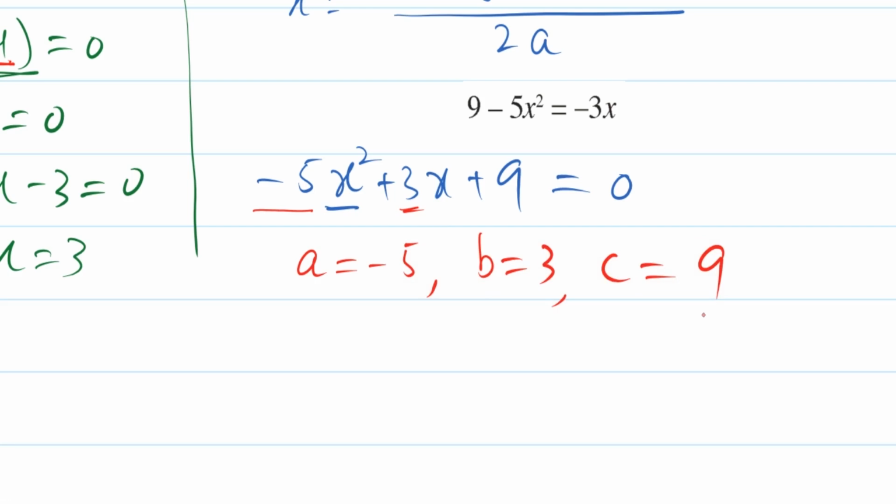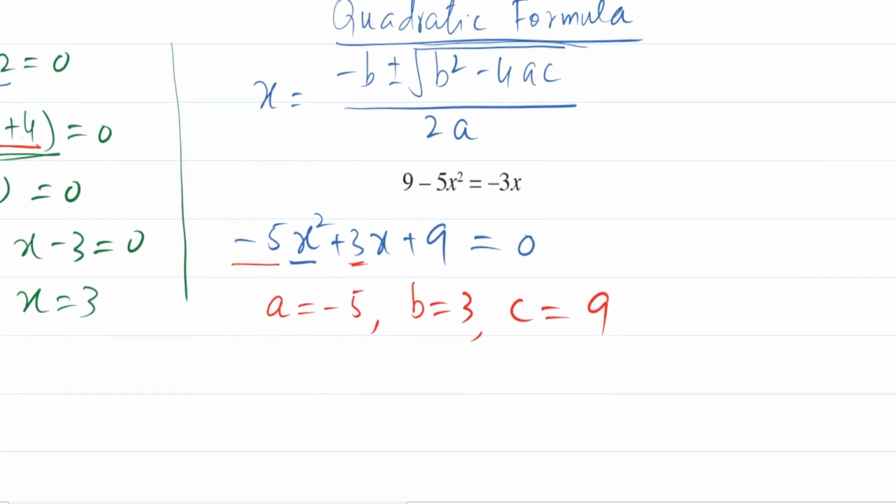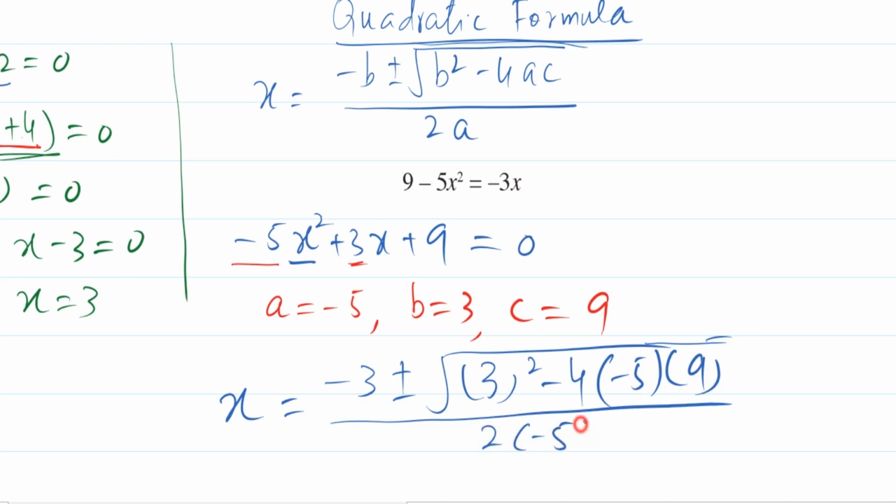What is a? A is the coefficient of x square. What is b? B is the coefficient of x, and c is the constant term without x. So simply we have to put these values in this quadratic formula. So x will be equal to minus b, minus 3, plus minus square root of b square, which is 3 square, minus 4 times a, which is minus 5, times c, which is 9, over 2a. 2a means 2 times minus 5.